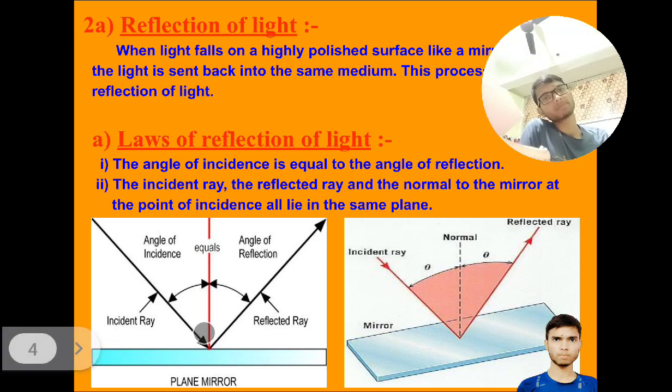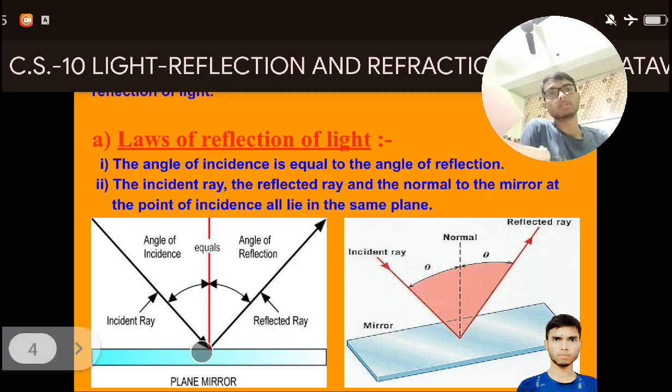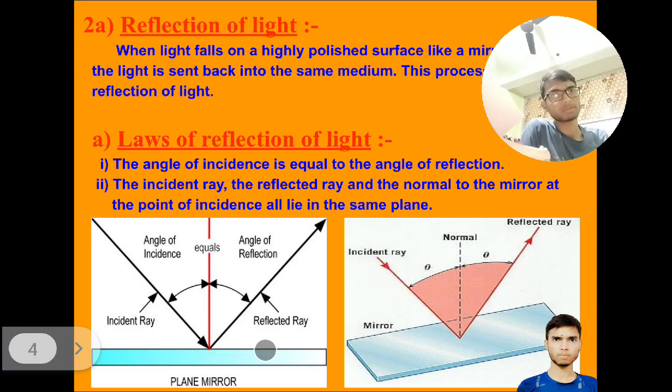But remember, the surface of this object can be rough or smooth. If the surface of this object is rough, then you will not get a clear image, you will get a blurred image. But if the surface of this object is smooth, then congratulations, you will be getting a clear image.